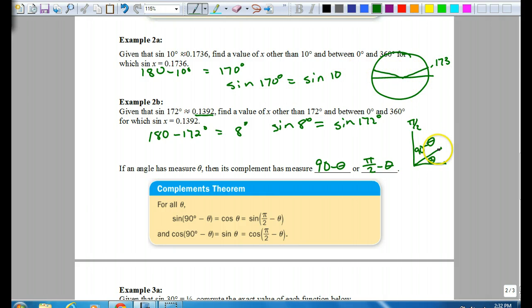But look, my complement of sine from here to here is the opposite. So, let's see. For instance, you have a triangle, theta. You know that sine theta is opposite over hypotenuse.